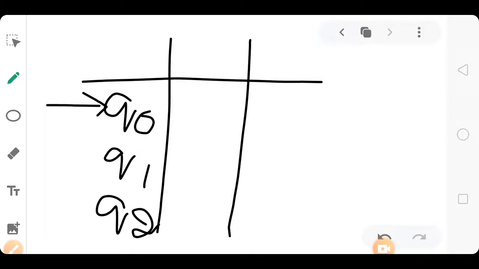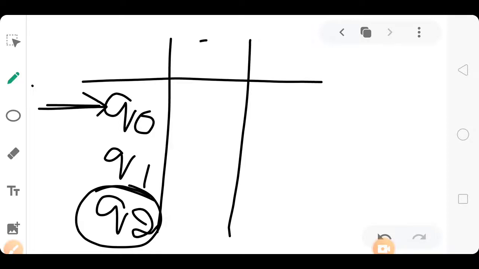The start state is represented with an arrow, and the final state is represented with a circle. This is the important thing whenever you draw any transition table.